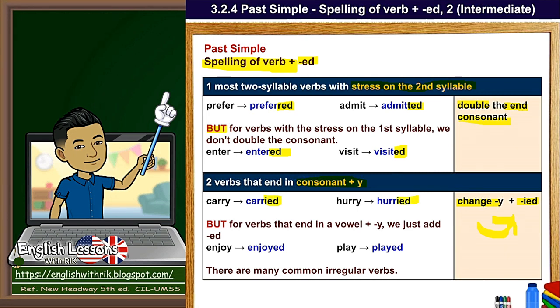But for verbs that end in a vowel and y, we just add ed. For example, enjoy, enjoyed, play, played. There are many common irregular verbs.